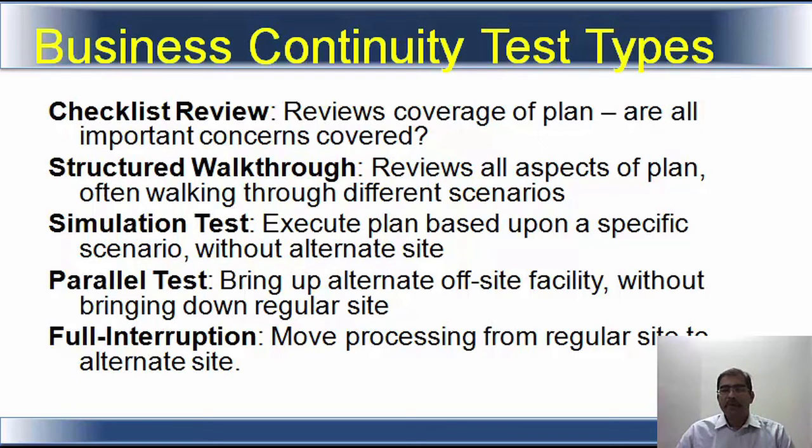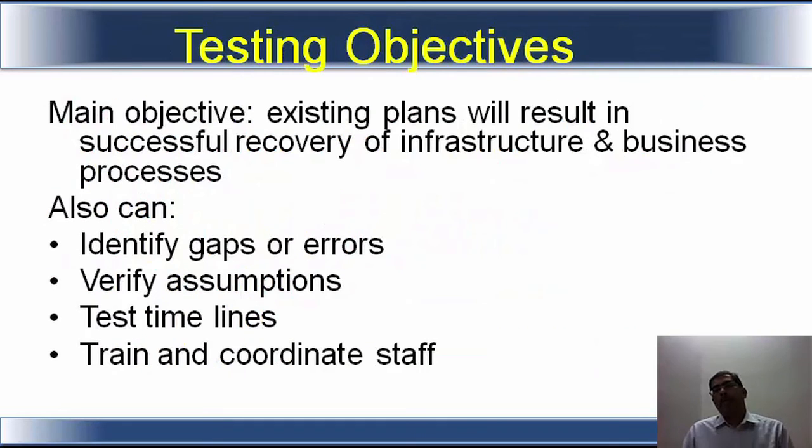They shut down the server. They bring up the disaster recovery site. They test what happens, how much time it takes to recover, what services are restored during that time, whether it is a partial failure or a full failure. So many things are tested in the full interruption test.